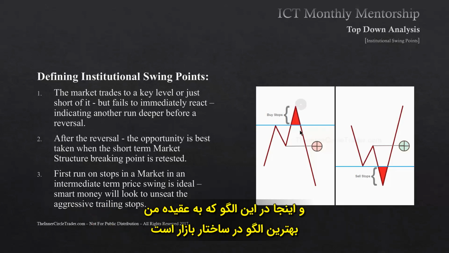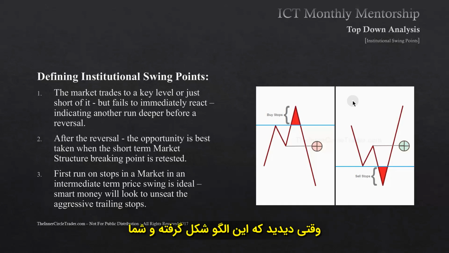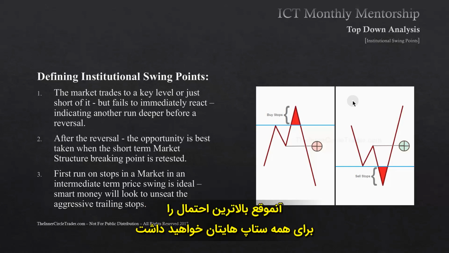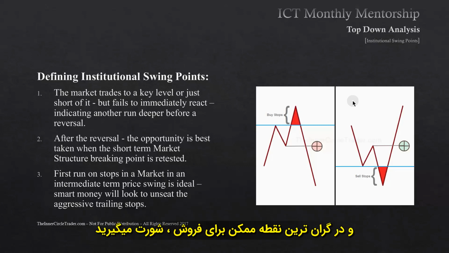And here, this pattern is, in my opinion, the best pattern in market structure when you're looking for institutional evidences to what should be taking place in the price. When you see this pattern unfold and you learn to anticipate it, you're going to have the highest probable entries for all your setups because you're actually entering at the lowest possible point for buys and you're selling at the highest possible point for sells.